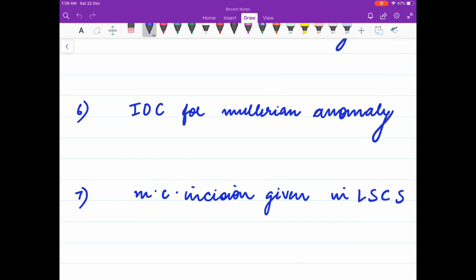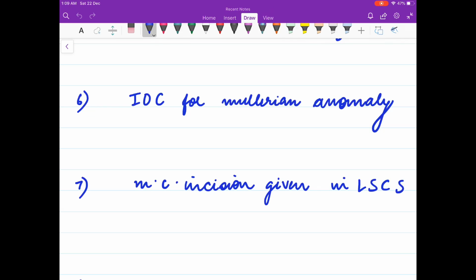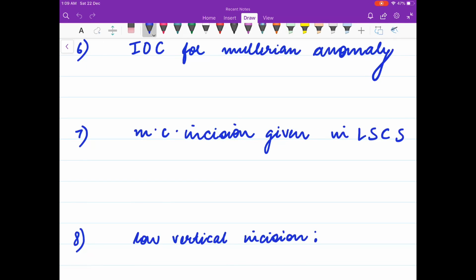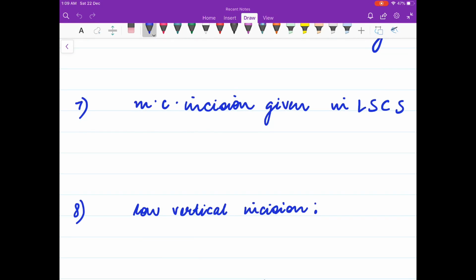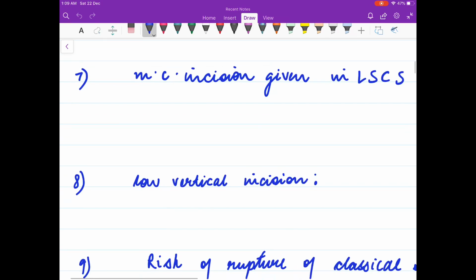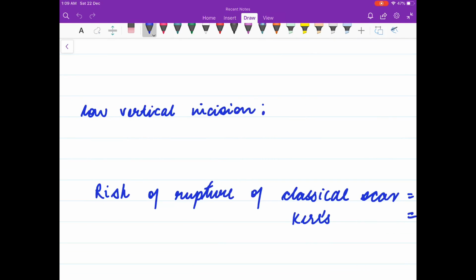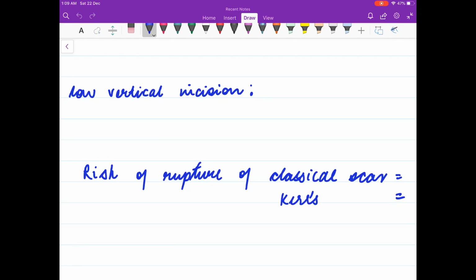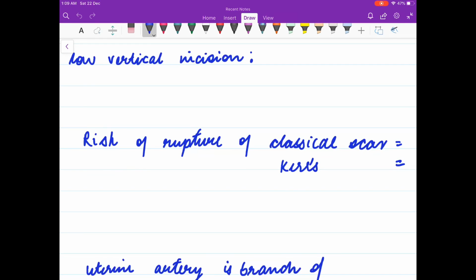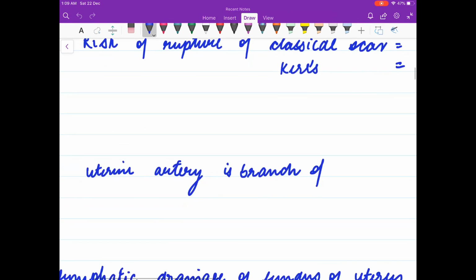Investigation of choice for Mullerian anomaly? Most common incision given in LSCS? Low vertical incision is called as? Risk of rupture in a classical C-section? Risk of rupture due to Kerr's incision?